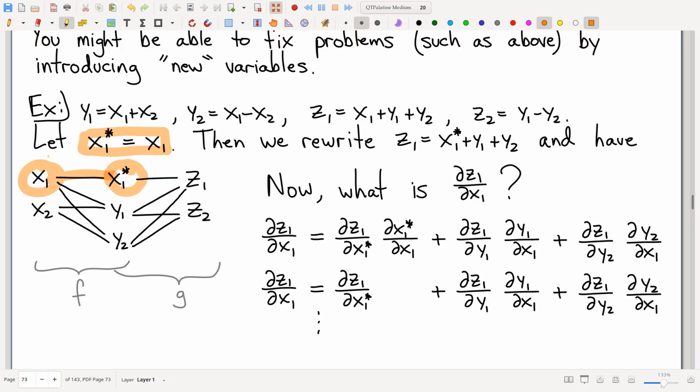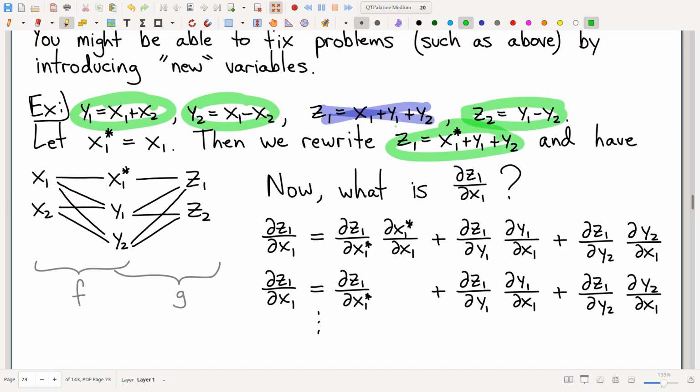I rewrite this accordingly as x1 star. And now, with that established, notice that this collection of equations gives me that diagram. Oh, and don't forget this one as well. And this diagram has no confusion of variables problem. You apply the chain rule. It works. Unambiguous. No problem. That's how you do that.